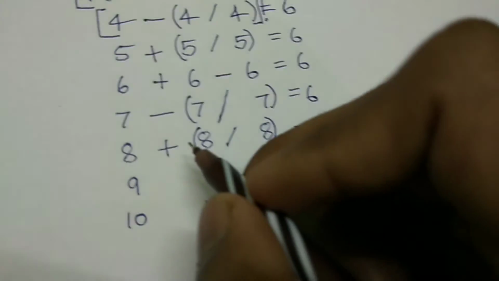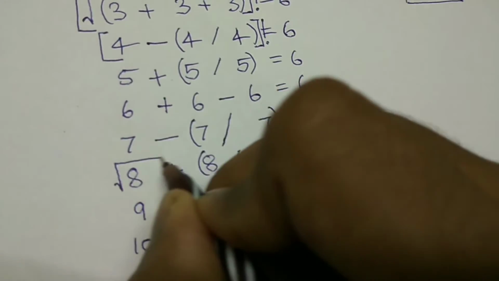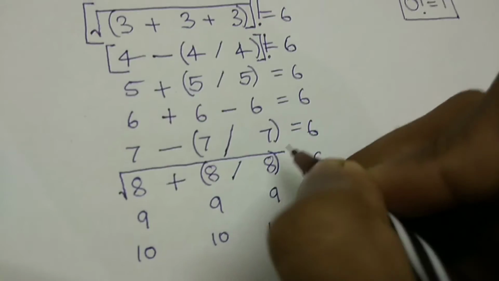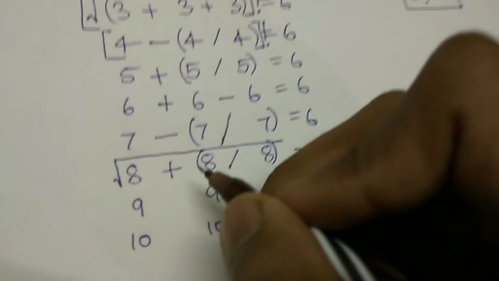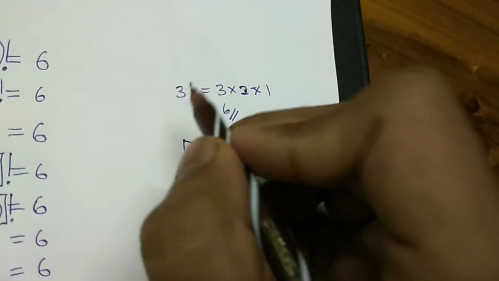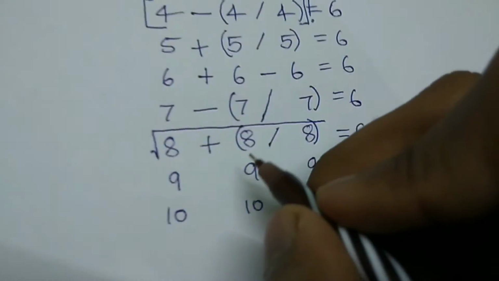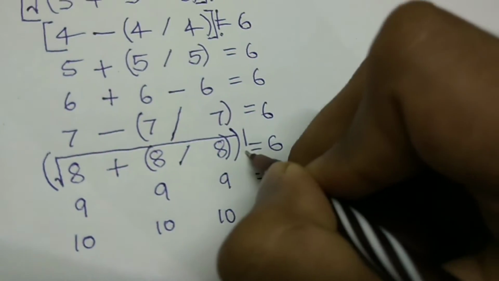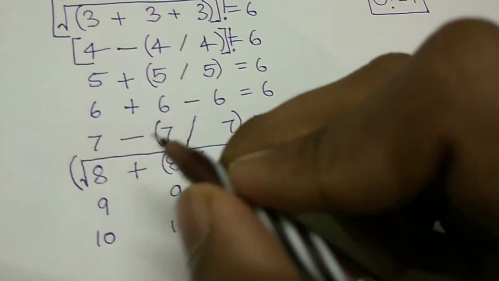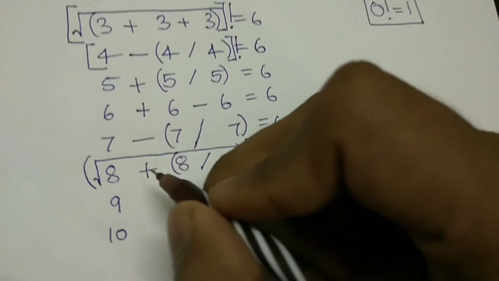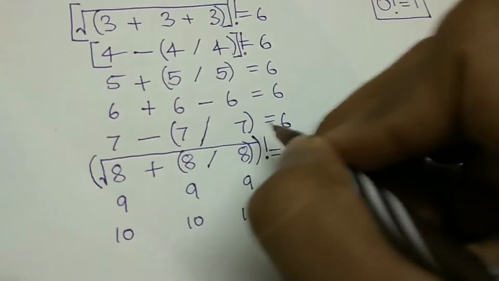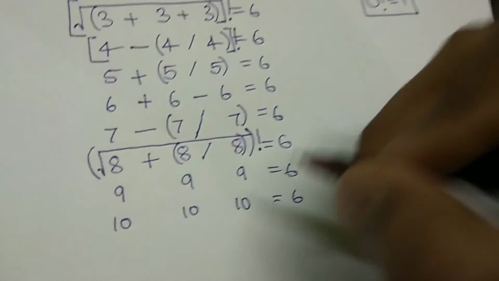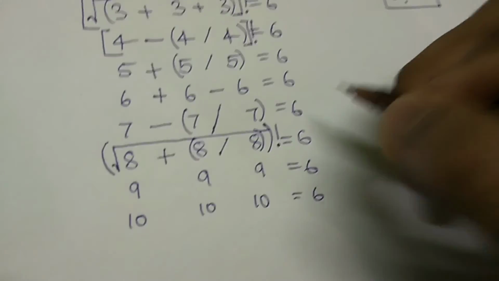So since this is also 9, we can take the square root of this whole thing, and that will become 3. And again, whenever we get 3, we can just use the factorial. So let's take the factorial of the whole thing. So that will be 8 plus 1, that is 9. The square root of 9 is 3, and the factorial of 3 is 6.